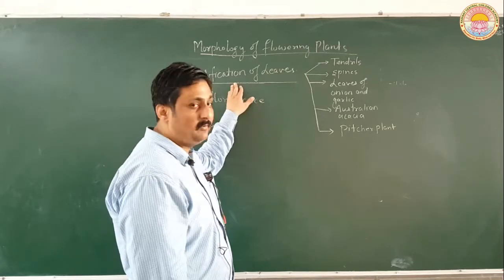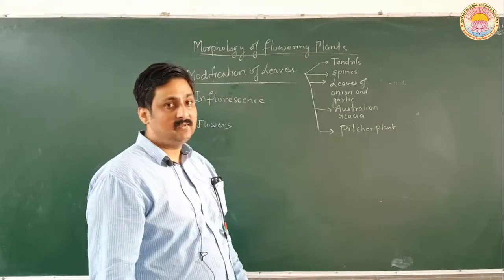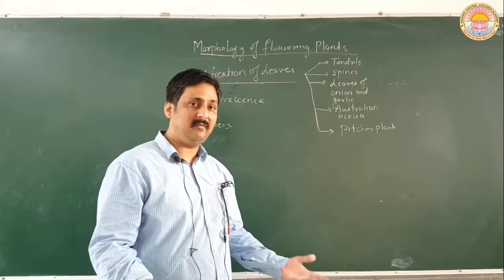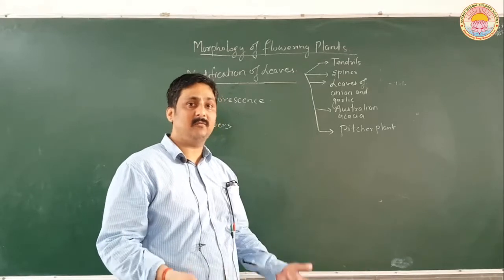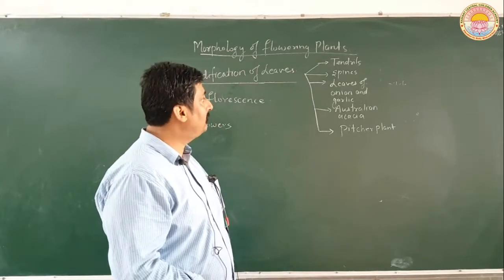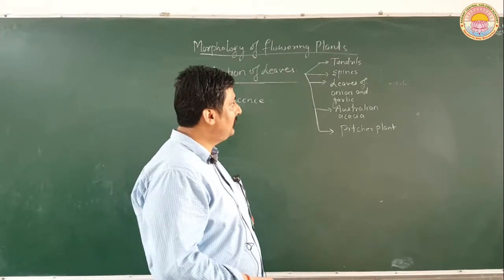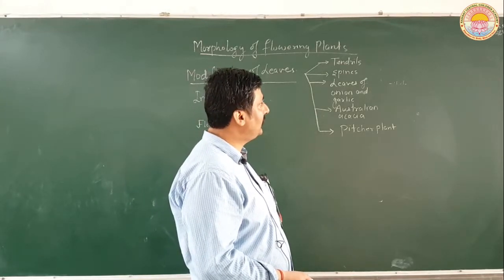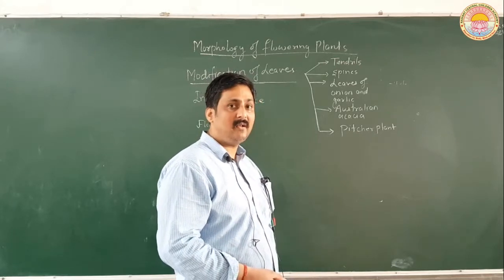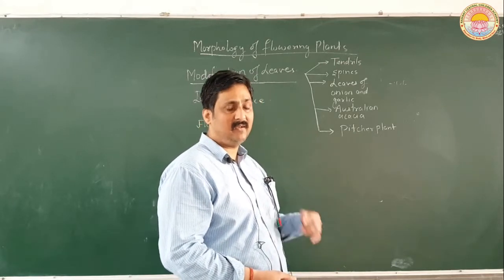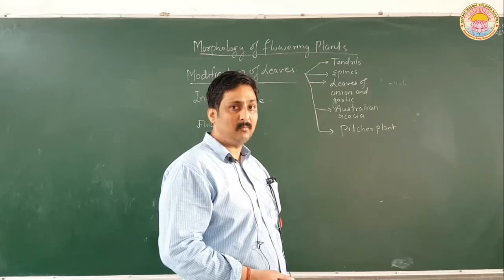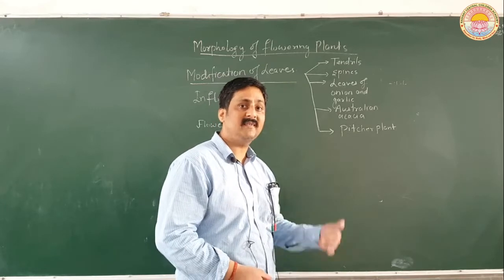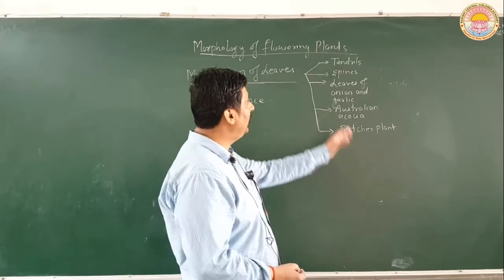First of all, I will tell you about modification of leaves. We have studied in the previous topic about the leaves, parts of leaves. In this particular topic, we will be studying about its modification. In certain cases such as pea, tendrils are present, which are very thin structures and which support plants such as peas for climbing.